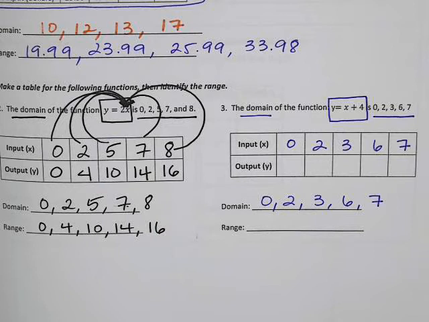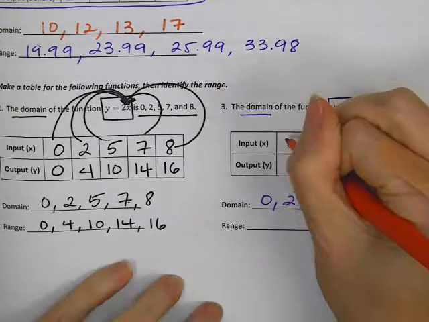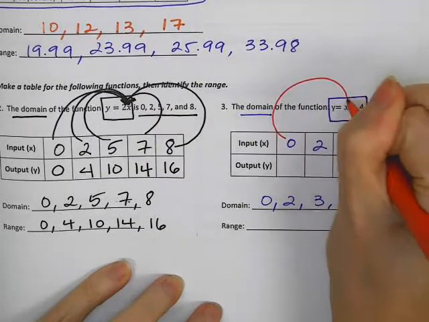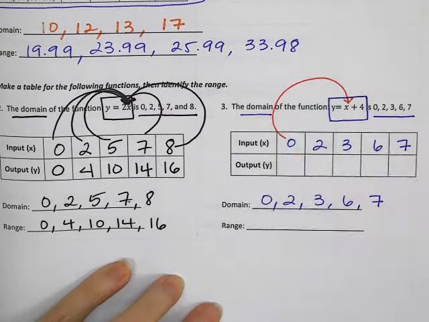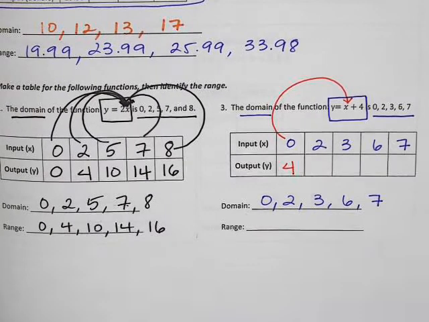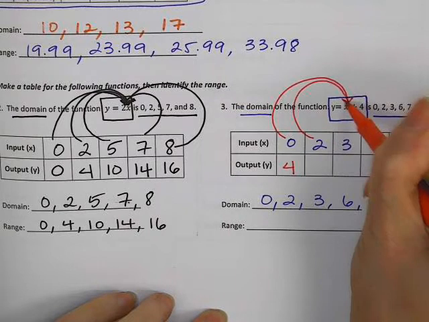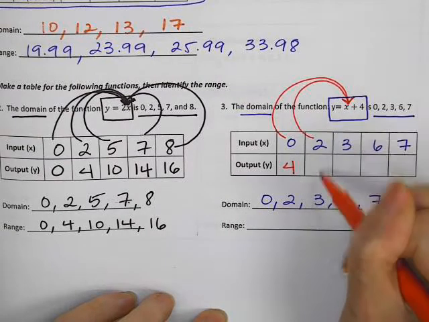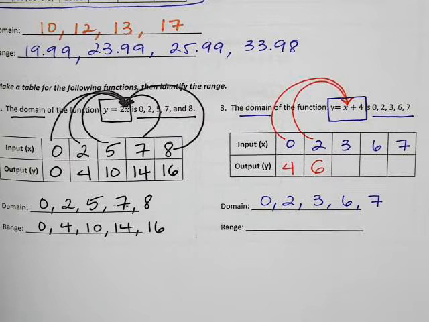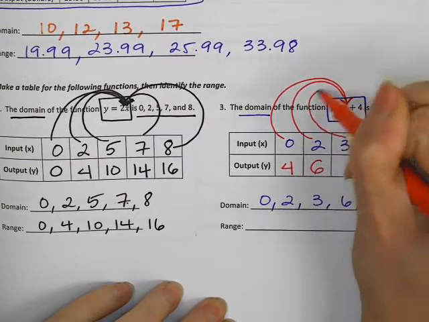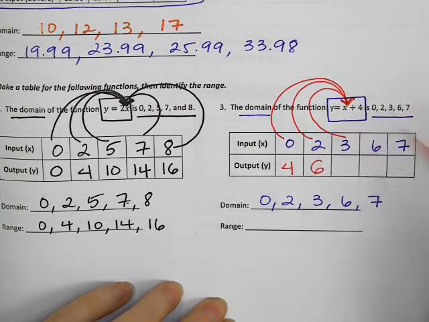So all you got to do is plug it in. So when x is 0, y is going to be 0 plus 4, and that's 4. When x is 2, y is going to be 2 plus 4, which is 6. When x is 3, y is going to be 3 plus 4, which is 7.